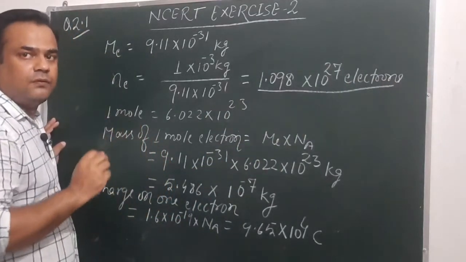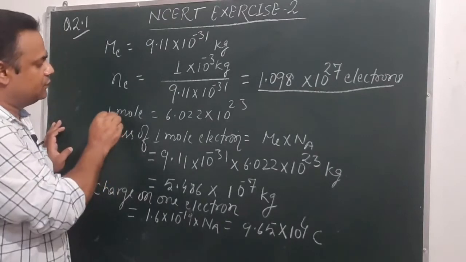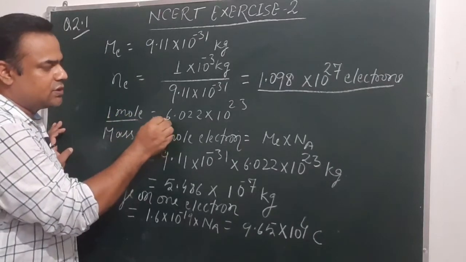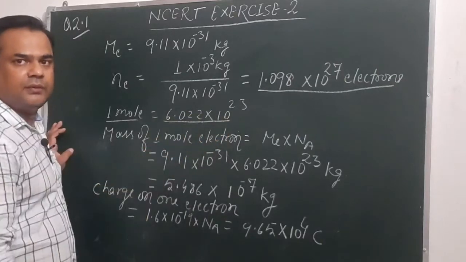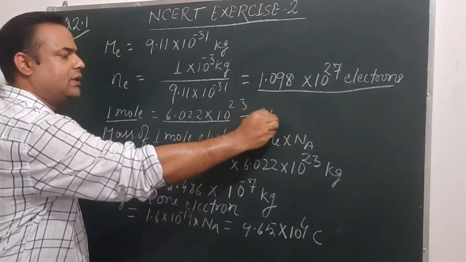Now we have to calculate the mass of 1 mole electron. We know that 1 mole equals 6.022 × 10^23, and this also equals Na, the Avogadro number.